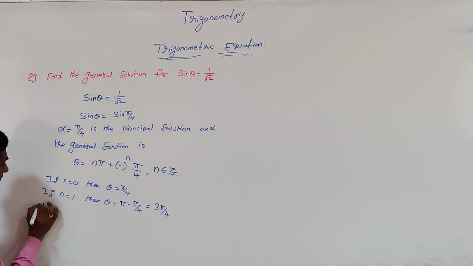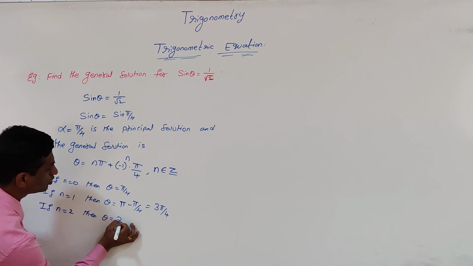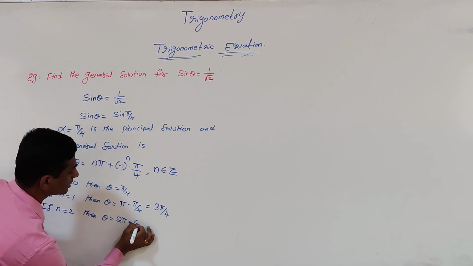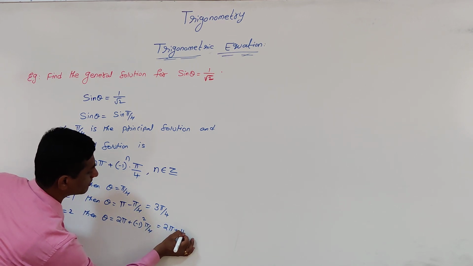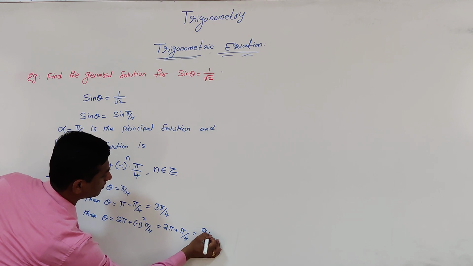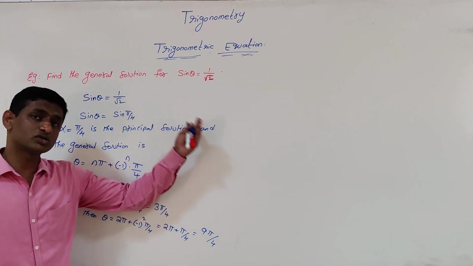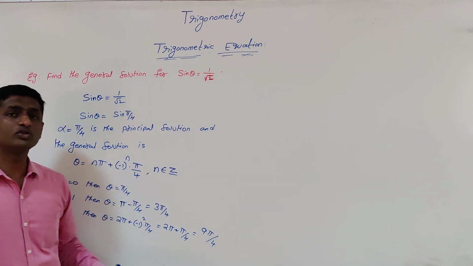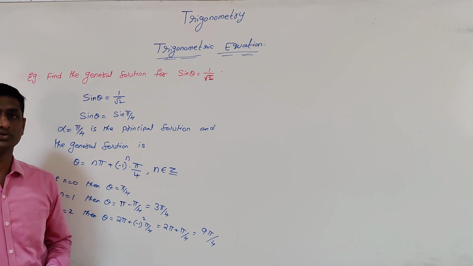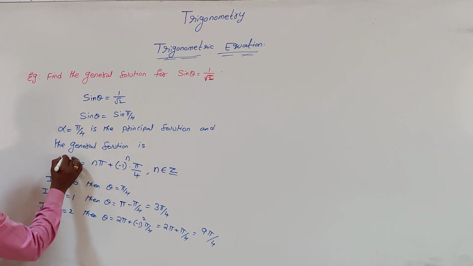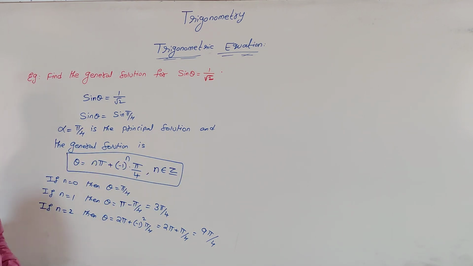Next, if n is equal to 2, then theta will be 2 pi plus minus 1 whole square into pi by 4. That is 2 pi plus pi by 4, which is 9 pi by 4, which lies in the first quadrant again. So 9 pi by 4 is also an angle which satisfies the equation sin theta is equal to 1 by root 2. So the general solution is theta is equal to n pi plus minus 1 whole to the power of n into pi by 4.